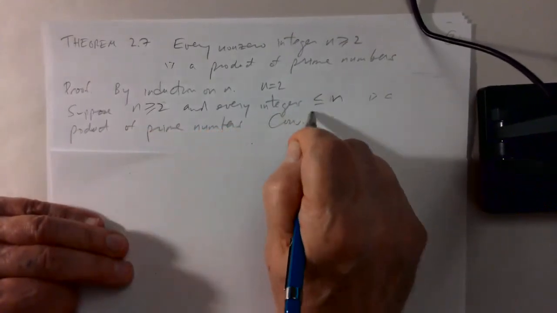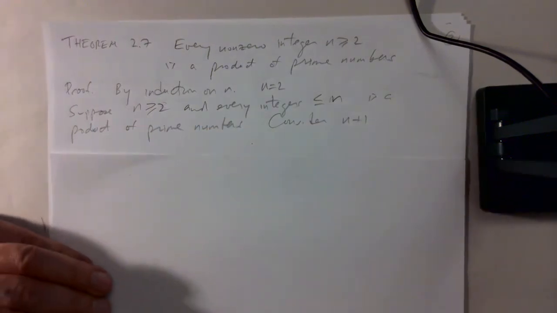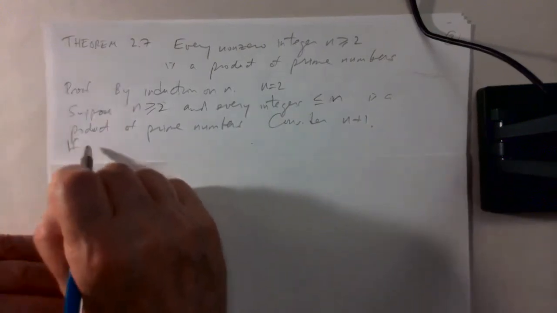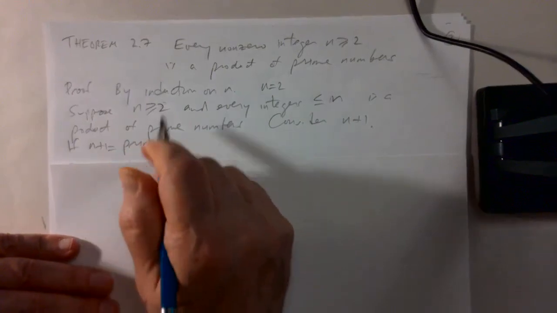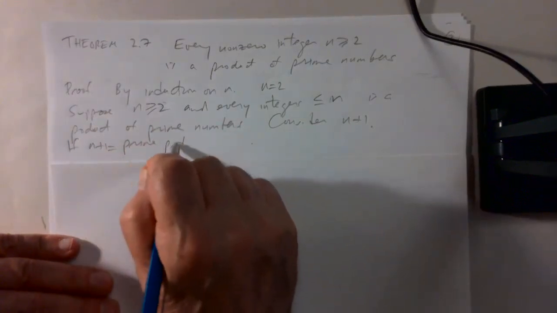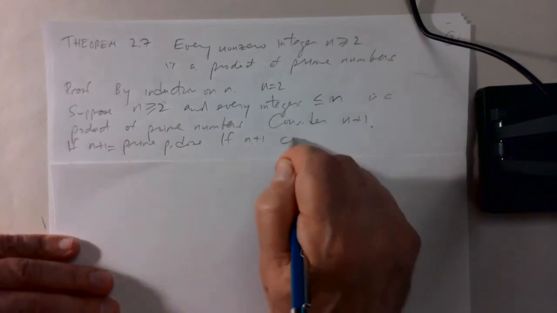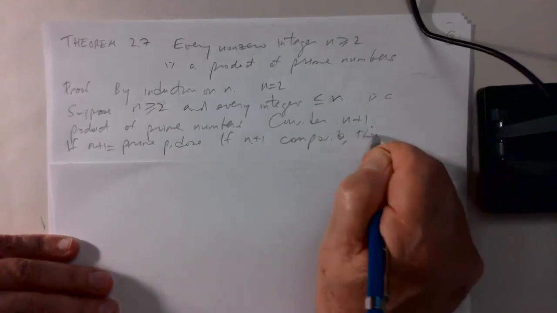So consider the integer n plus 1. There are two cases. If n plus 1 is some prime number p, we're done. If n plus 1 is composite, then it factors.